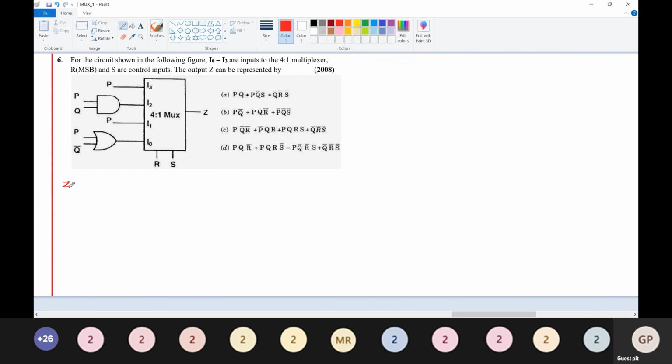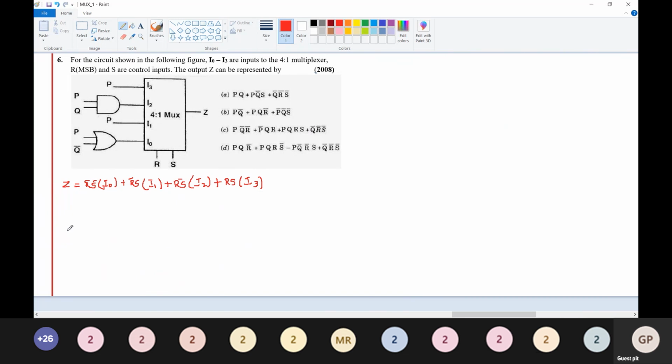So here your output is equal to Z. Z is equal to R dash S dash into I naught plus R dash S into I1 plus R S dash into I2 plus R S into I3. Got it?